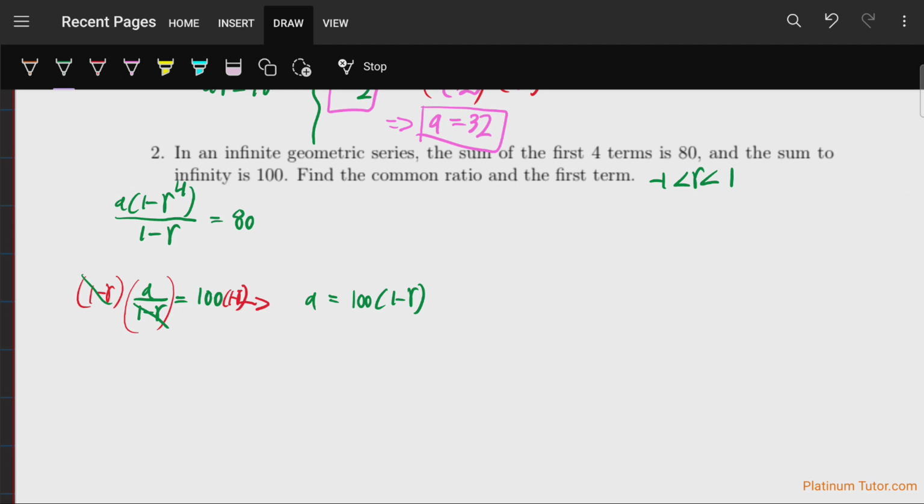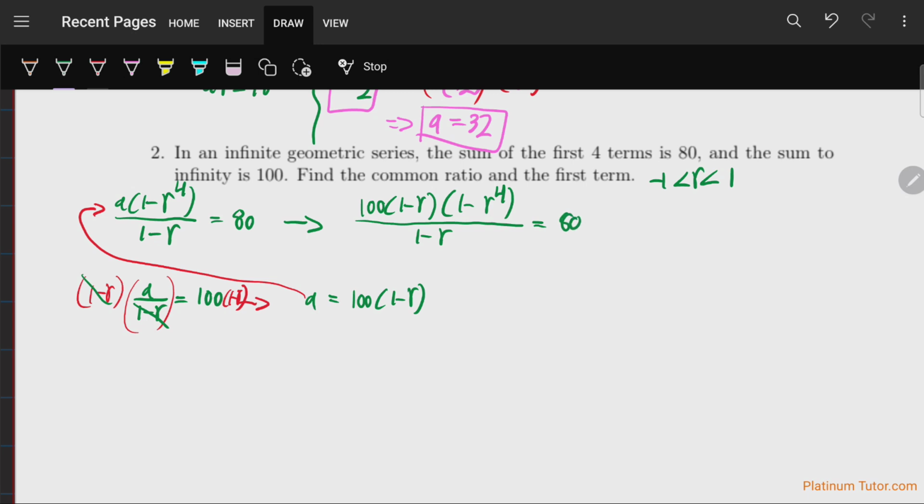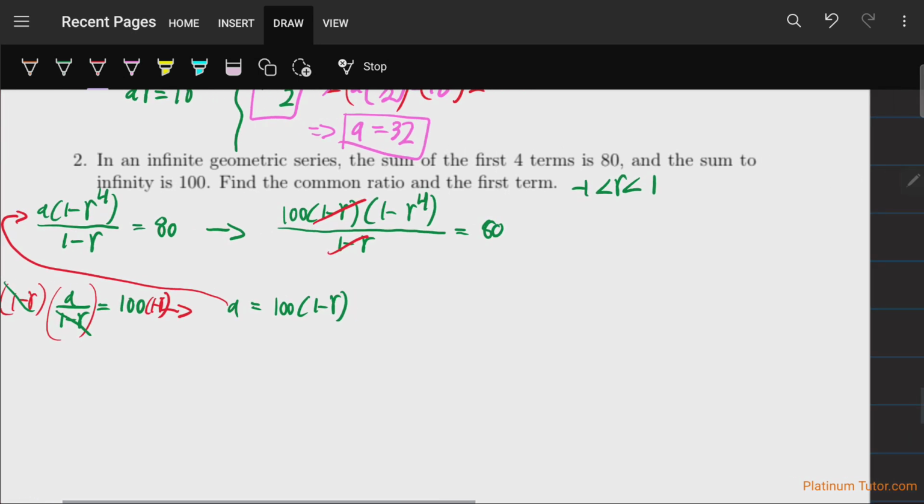Okay. Anyway, so we found a. Now we're going to plug it in here. So let's go ahead and do that. So a is 100 times 1 minus r, times 1 minus r to the 4 all over 1 minus r equals 80. We're going to notice 1 minus r and 1 minus r cancel.